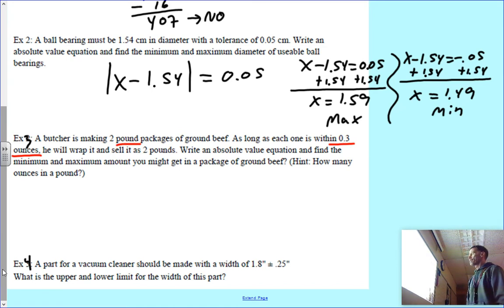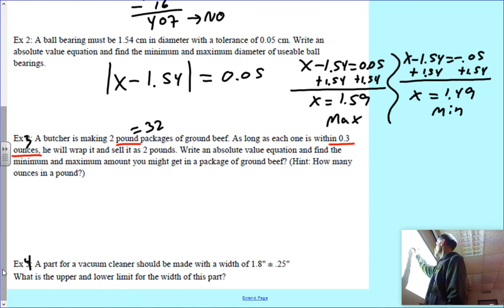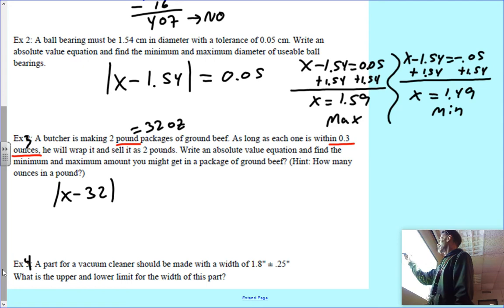Okay, so for example 3, notice there are 16 ounces in a pound. So 2 pounds is actually equal to 32 ounces. So our equation becomes the same thing. The absolute value of x minus 32, my target is 32, equals my tolerance, 0.3. And you just solve it.